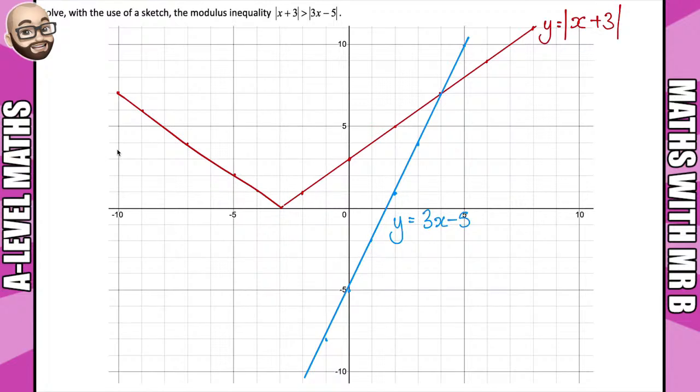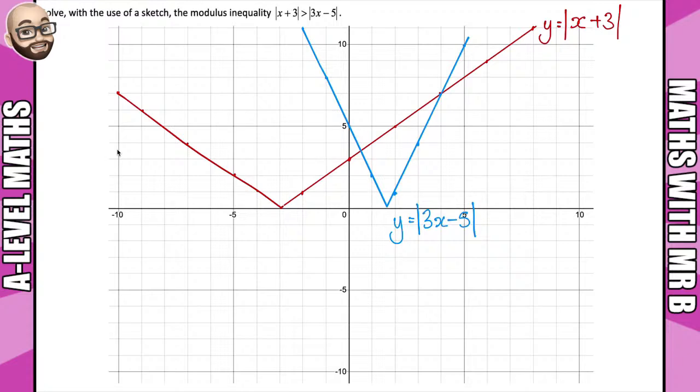And the same idea with this blue one. We now need to try and flip this bottom part down here upwards. So we're going to go through these points here that I am marking. And again, that does not look too bad at all, so I'm quite happy with that. We'll get rid of this part below the line, and I'll put my modulus signs on there.